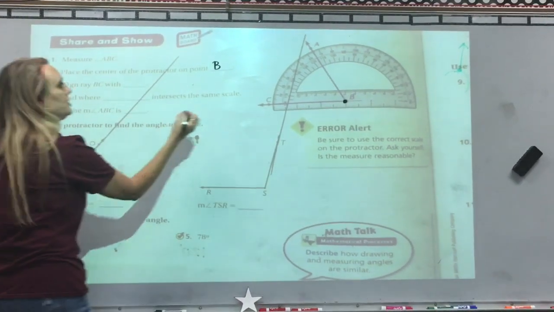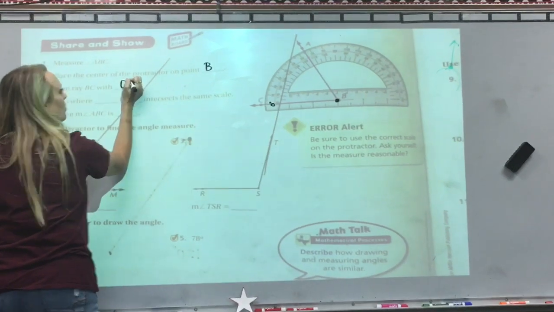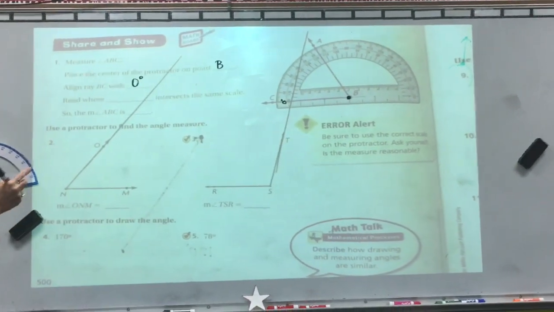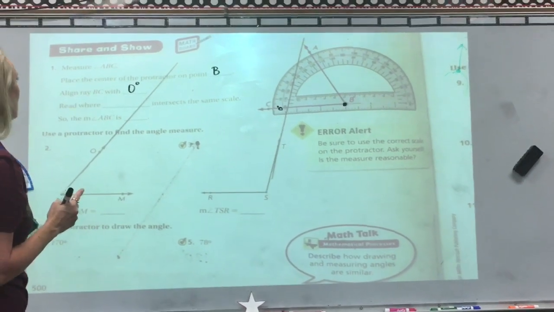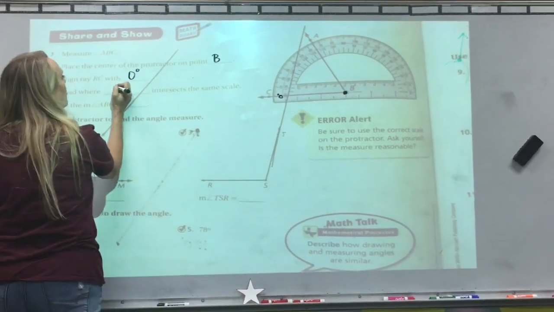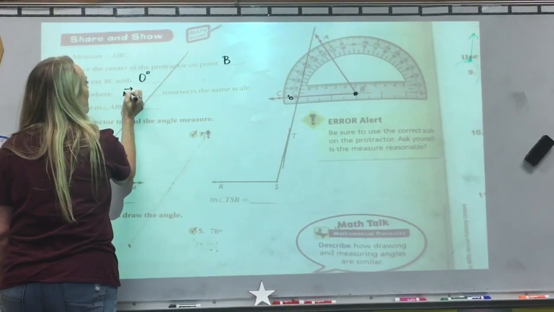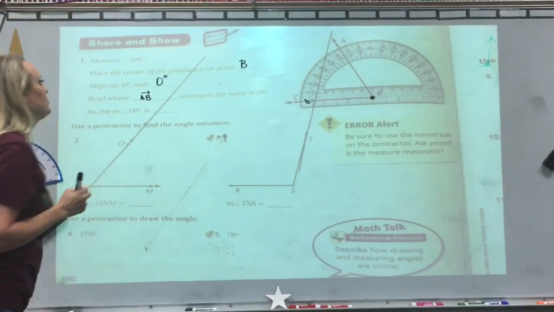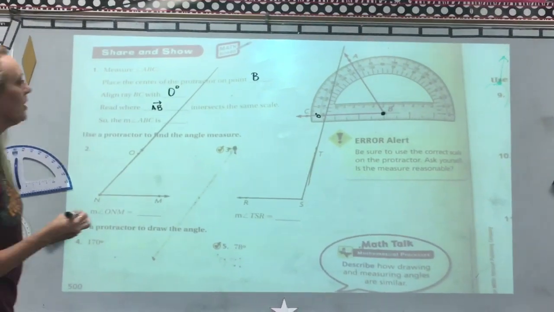Where would you align it? You want to align it with the 0 degrees. Read where ray AB intersects the same scale. So the measure of ABC is what?